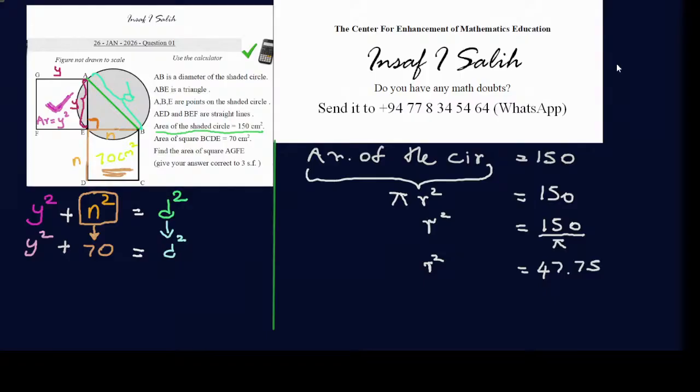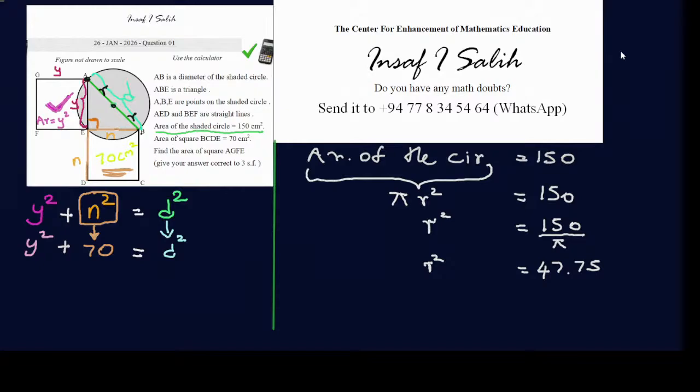D consists of how many r's? There's an r from A to the center, and then from the center to B, that's another r. So d is 2r.